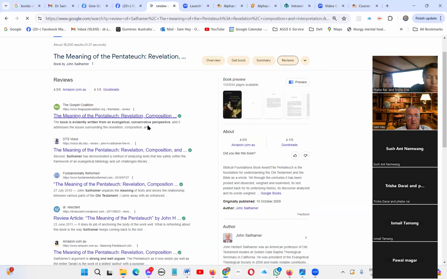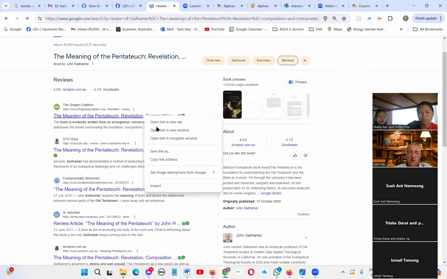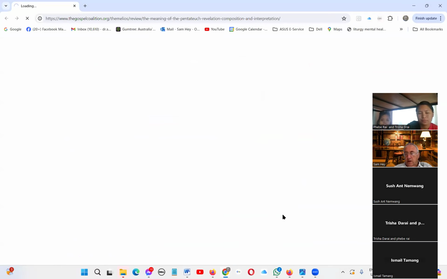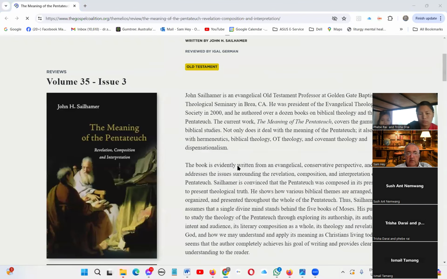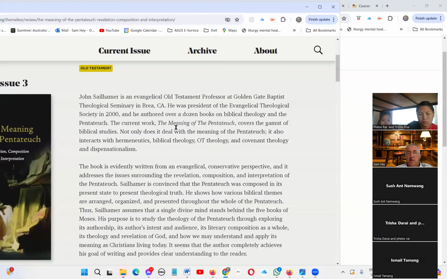And here is one copy that I have found, a review of Sailhamer's book. If I open that up, I would find that I could use that in the assignment. And so this is quite a good review. This is almost an example of what a person would write. So this is a useful example.